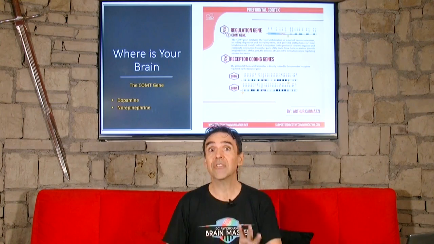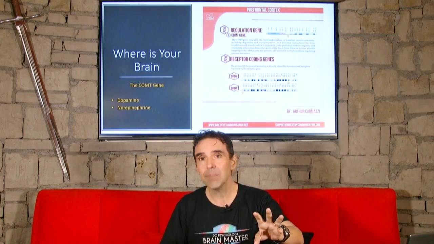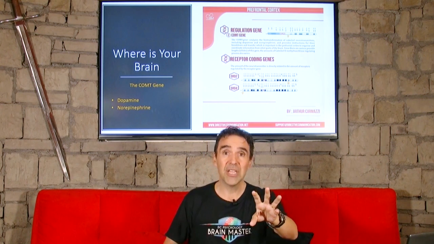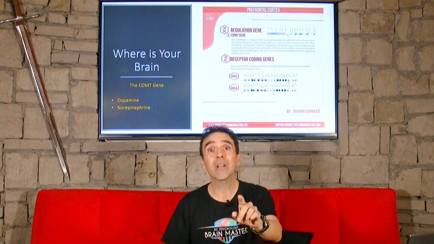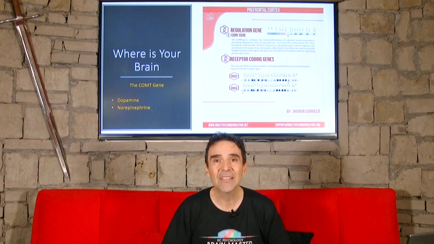So this specifically in the prefrontal cortex, we're dealing with dopamine and norepinephrine only and the receptors that go with it. So in a nutshell, hopefully you've got some kind of an idea of how our brain interprets clarity in the prefrontal cortex. Don't forget, we still have the hippocampus and the cingulate cortex to talk about, but we're going to be talking about that in the next video.